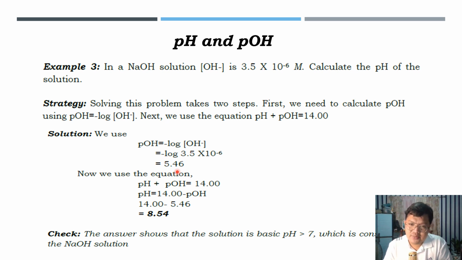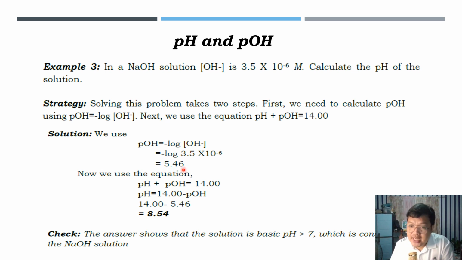So I'm going to input here negative log 3.5 times 10 raised to negative 6. So the answer here is 5.45. Since rounded off na siya, the answer is 5.46.